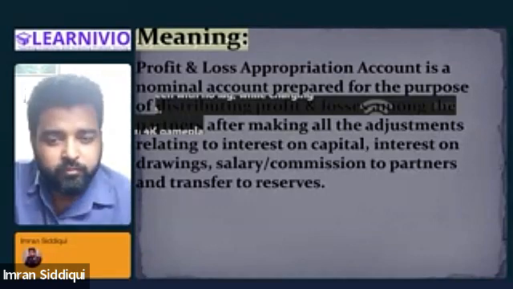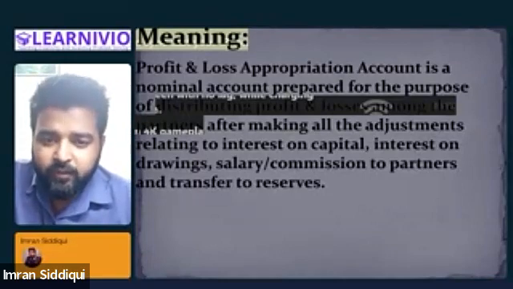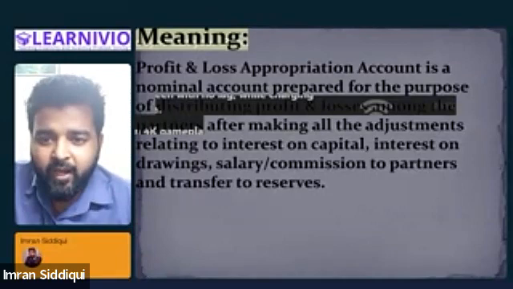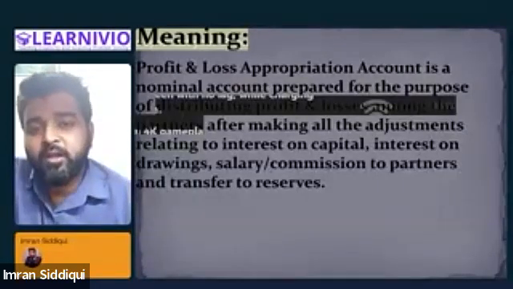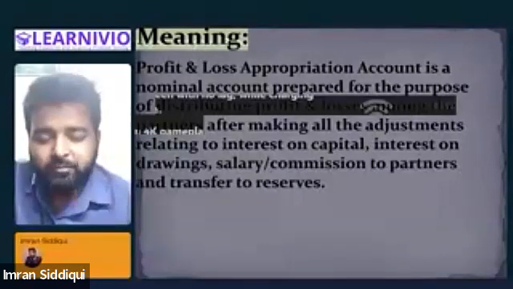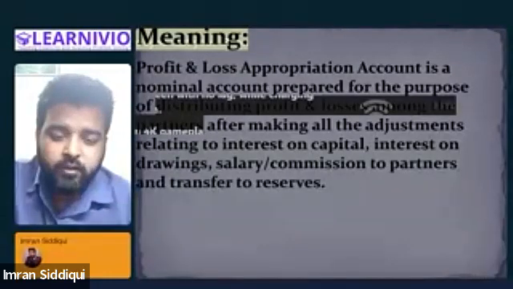So profit and loss appropriation is a similar account, but this is in respect of the partnership form only. The profit and loss appropriation account also records all kinds of indirect income and expenses, but in respect of the partners. The payment of the partners will be recorded in it.